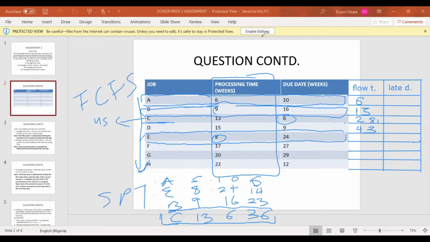So let's keep going. How do we calculate late days? Remember, I said if you need your iPad in 7 days and they give it to you in 9 days, they are late by 2 days. So late days is flow time minus due date.